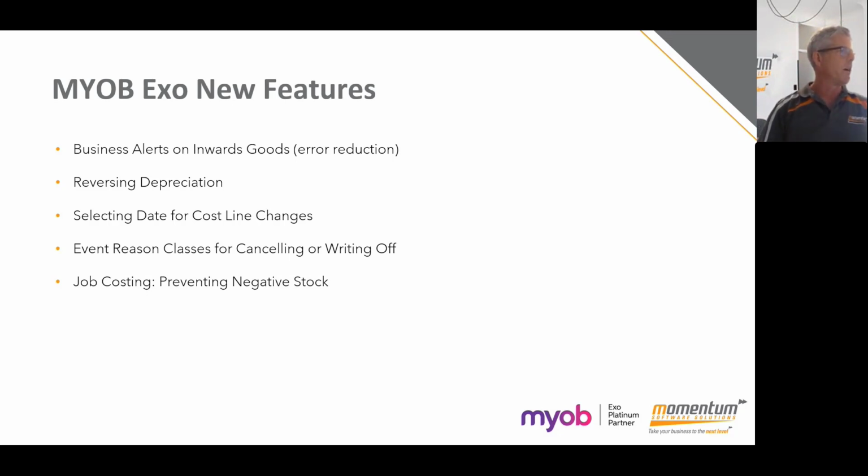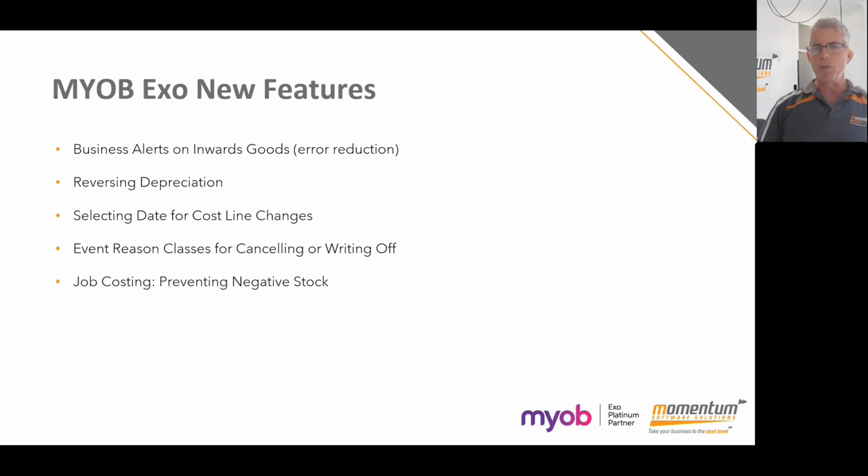The date for cost line changes on jobs. So that's really helping a lot of our customers. We have a lot of businesses using the job costing module especially, and there's quite a lot of end of month stuff to do to make sure that your work in progress is accurate. And that often requires lines to be written off or cancelled or moved to another job.